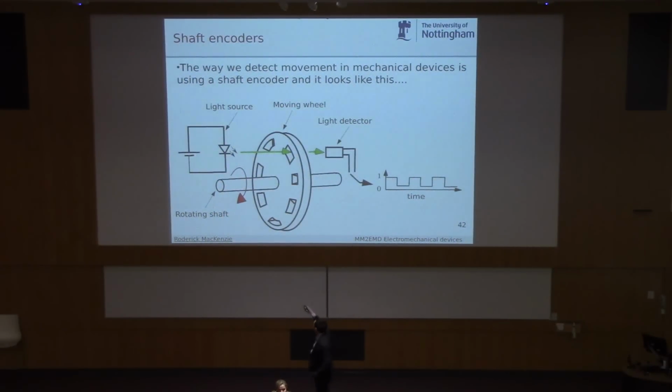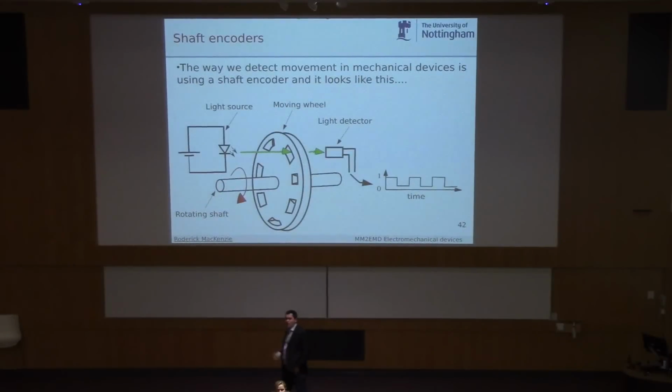And what we do is we shine light through the holes in this disc. Light goes through the holes into a light detector, and then when we move, the disc blocks the LED or lets light through, and the light detector will register a 1 or a 0. So we've got some idea of how fast or how far our arm has moved.